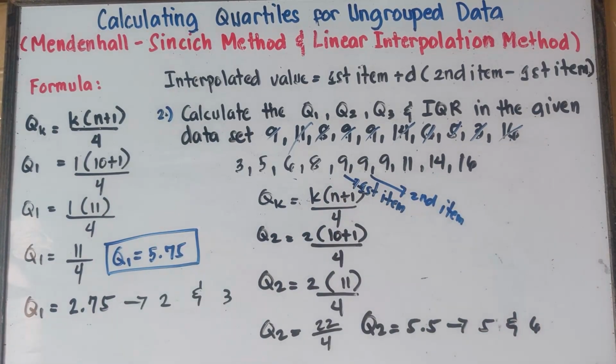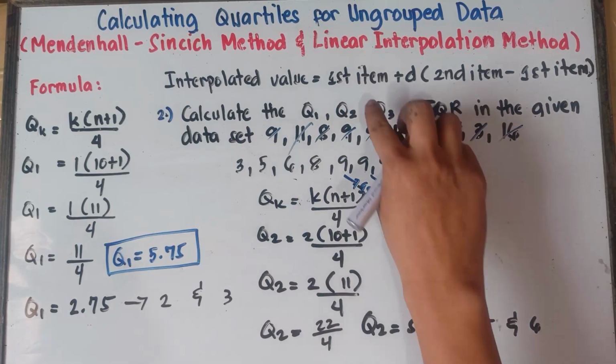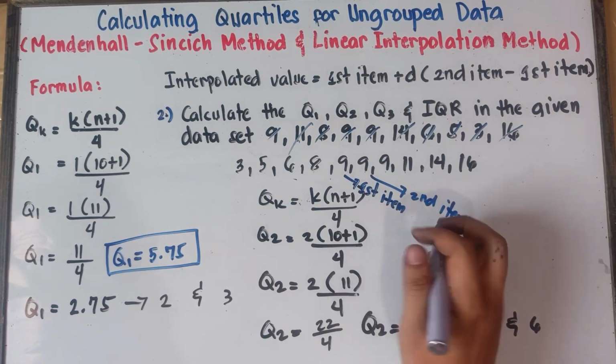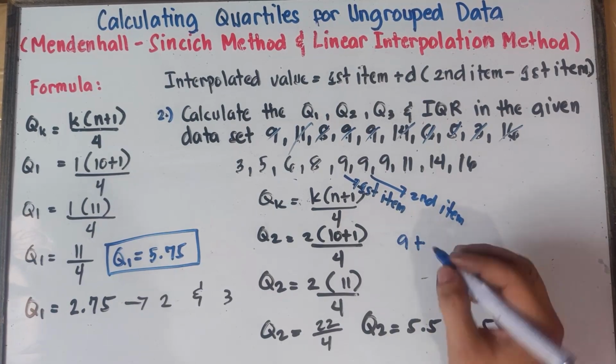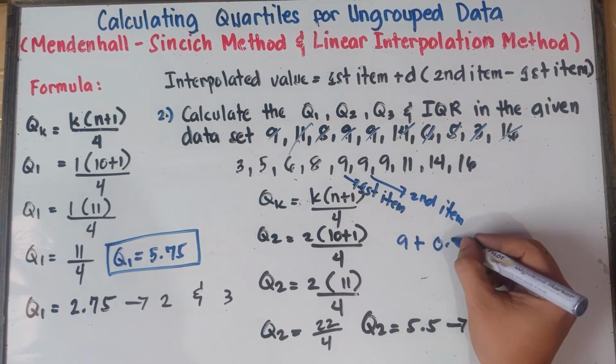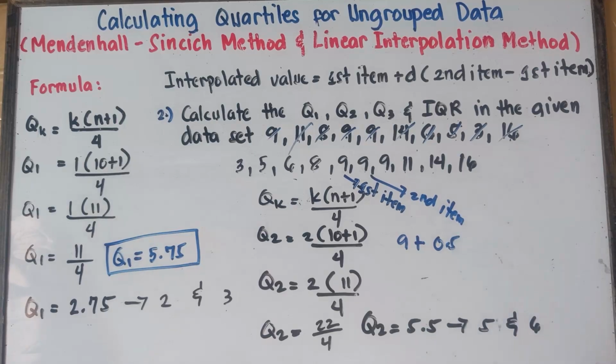Alright, let's use this formula. The first item is 9, plus the decimal, 0.5, times the second item minus the first item. The second item is 9. Let's do it step by step, class. 5.5 is in between positions 5 and 6.